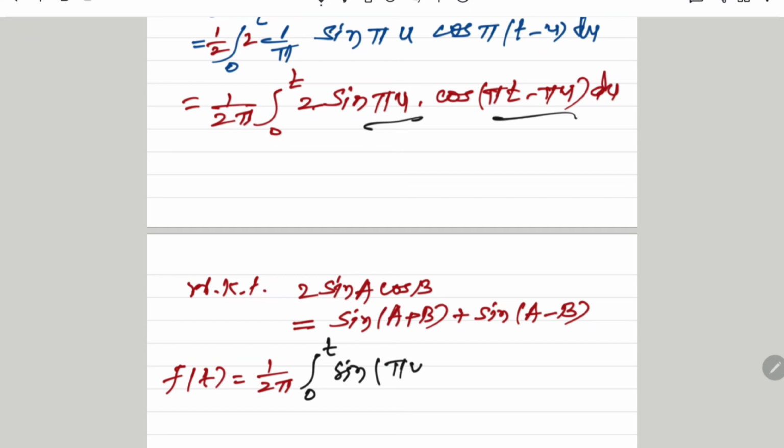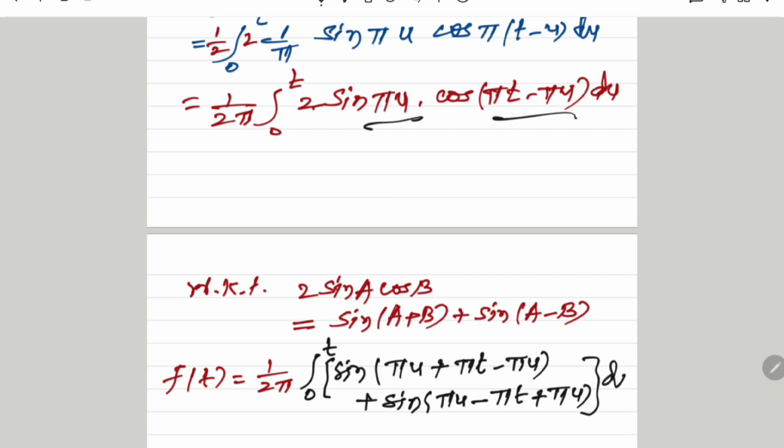Therefore, pi u plus pi t minus pi u and plus sin a minus b, sin of pi u minus pi t, and minus minus it becomes plus pi u, and then its integration.